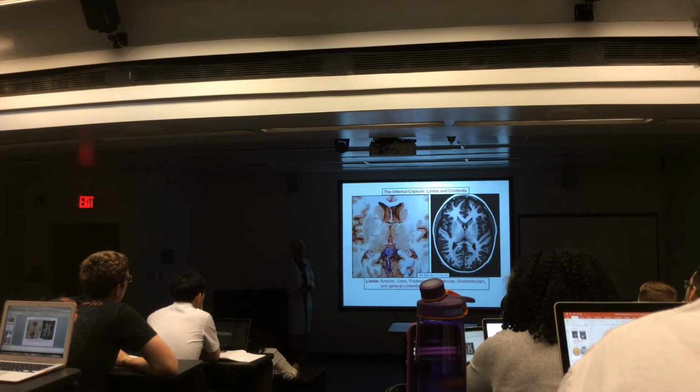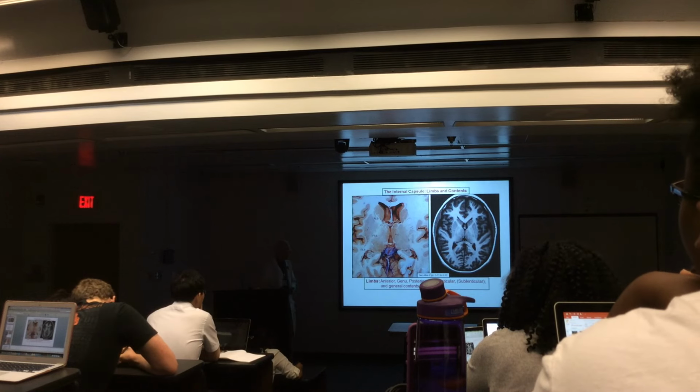We do not try to identify sublenticular on a specimen or any kind of image because it's really hard to figure out. So we just leave it alone. You do need to know that auditory radiations go through the sublenticular limb of the internal capsule. So these are the 4 main parts, and each one of these parts has particular pathways going through it.